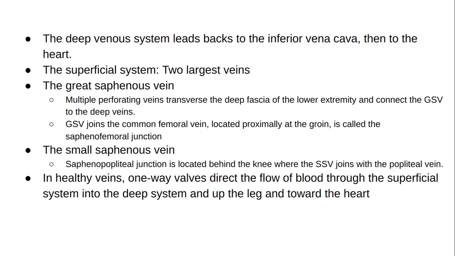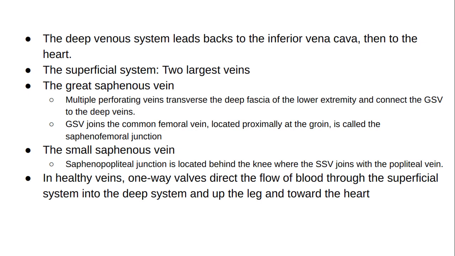First, let's talk about the anatomy of the venous system. There are two venous systems found in the lower extremity, deep and superficial. The deep system leads back to the inferior vena cava, and then to the heart. The superficial system is found above the deep fascia of the lower extremity, within the subcutaneous tissue.